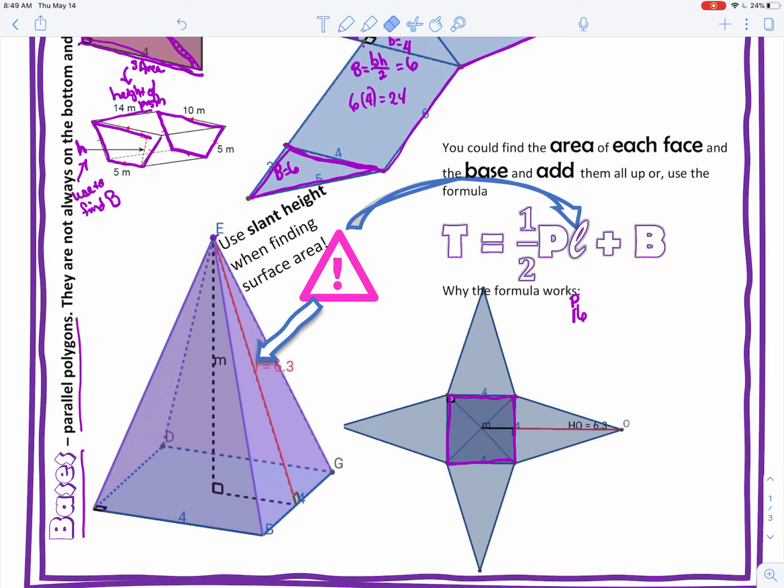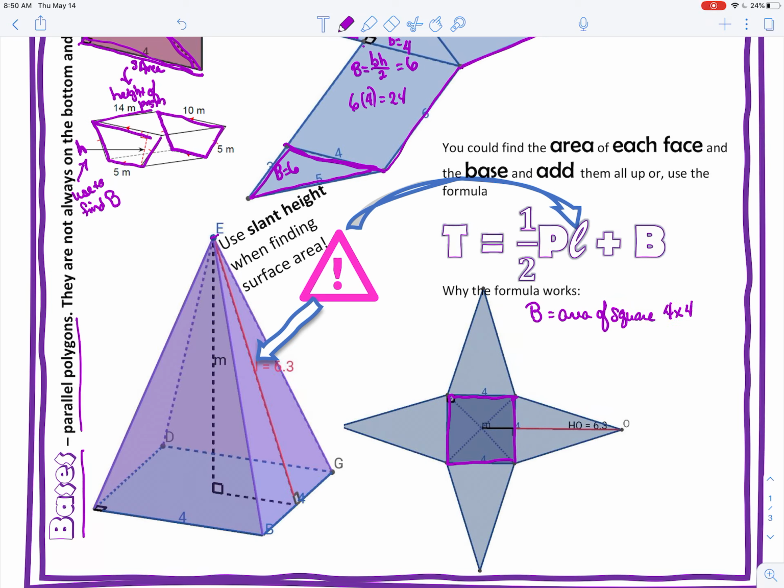Well, let's talk about how this would work if we were actually working this out by using the net and finding the area of each triangle plus the area of the square. So area of the square, no big deal. B is our area of our square, 4 by 4.